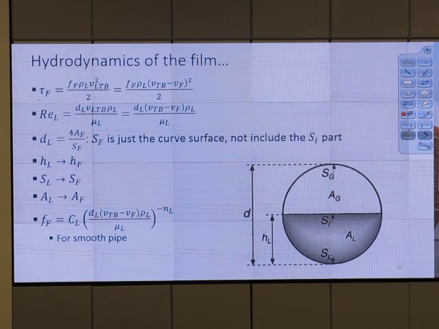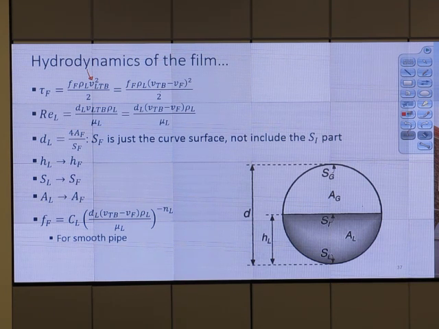How do I calculate tau F? Tau F is on the film part, friction factor rho v squared over 2. Notice that I don't use relative velocity. I use real velocity, even though I am in the moving frame of reference. Force is invariant for non-accelerating frame of reference. Okay? So VLTB is VTB minus VF squared.